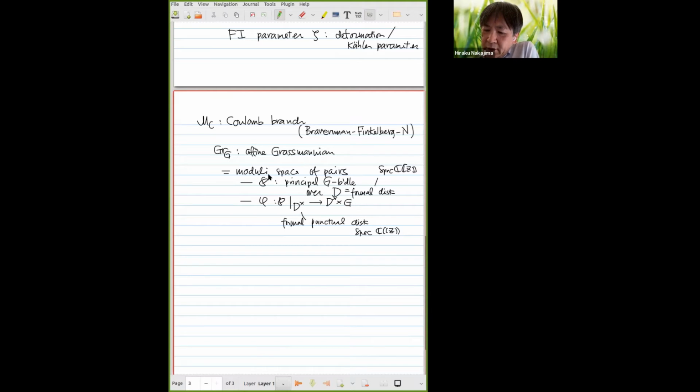Let me explain it again. The affine Grassmannian is a moduli space of pairs: one is a principal G bundle over the formal disk, and the other is its trivialization on the punctured disk.